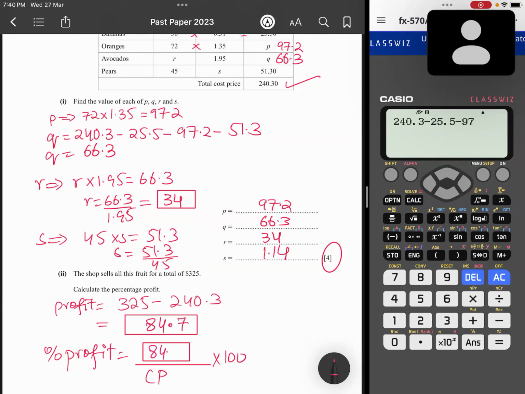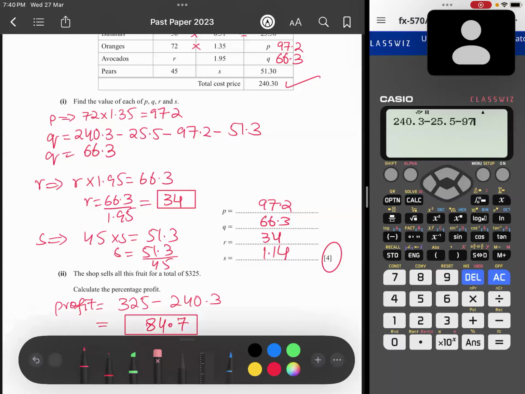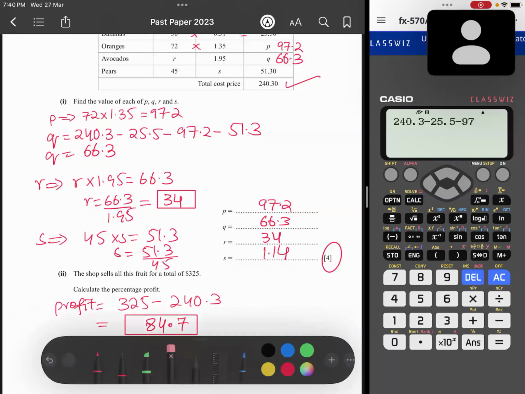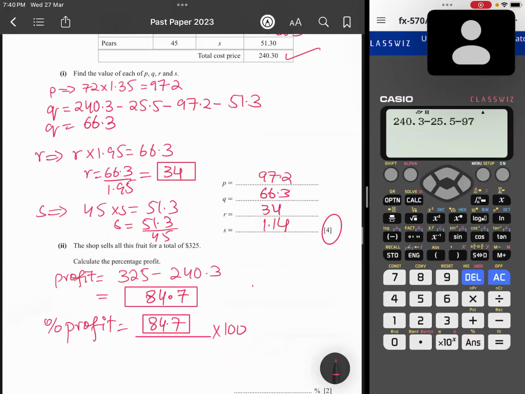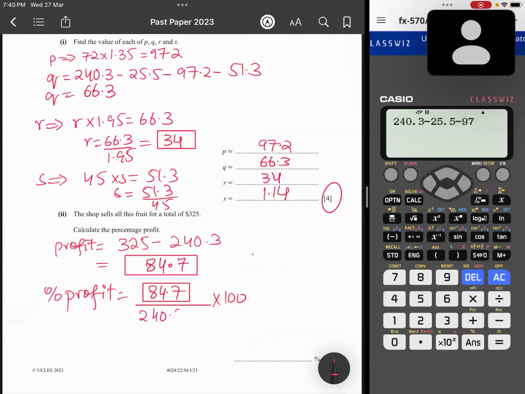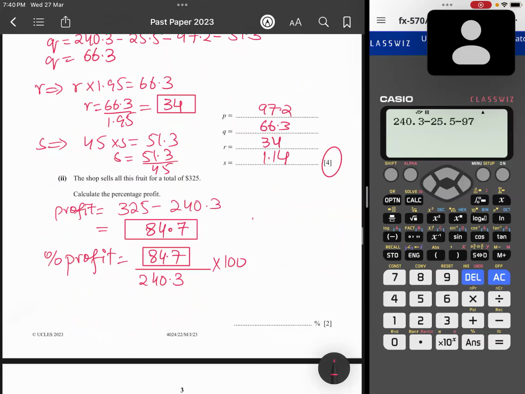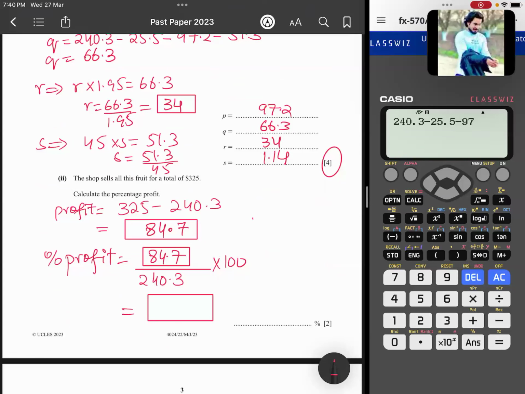So 84.7 divided by cost price in order to see the percentage profit. So cost price was 240.3. So what is the answer for percentage profit? 84.7 divided by what? 240.3.